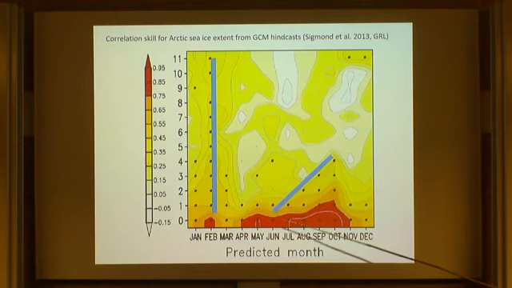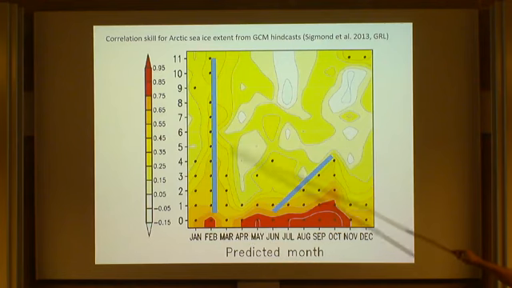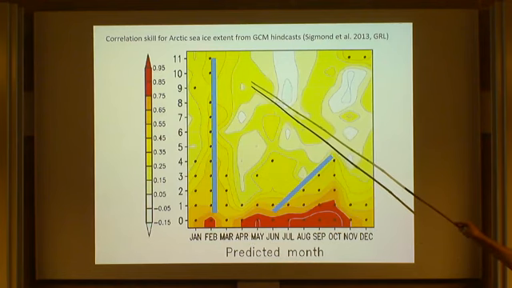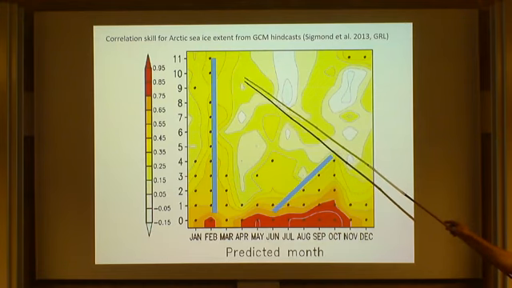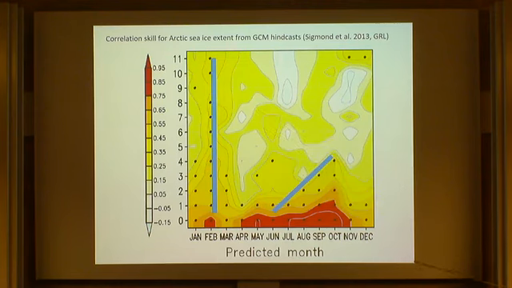For example, in February we can make not a very high skill, but still a significant prediction a year ahead. There are also some kinds of barriers: it is possible after June to make a prediction towards September, but if you want to make predictions beforehand, it's actually not possible.